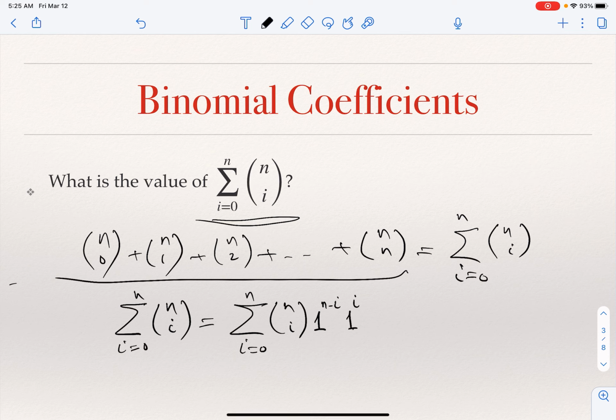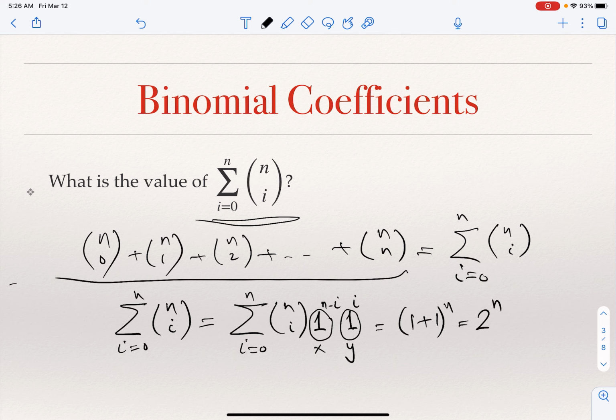I just multiplied by 1, I didn't change anything. Now this looks like something I can apply the binomial theorem to. I can take one 1 to be x and the other to be y, and what I have is nothing but the binomial theorem applied to (1 + 1)^n, and this is 2 to the n. So this summation is 2 to the n.